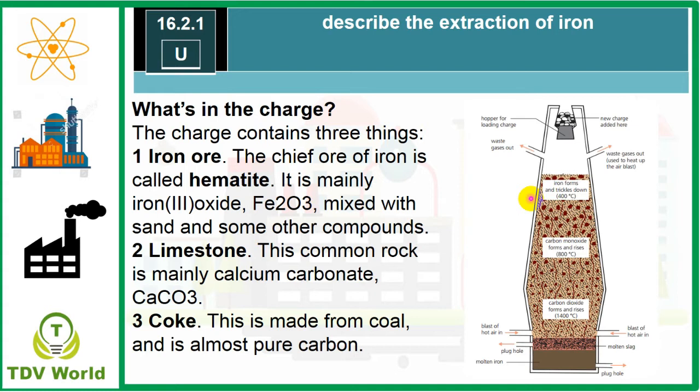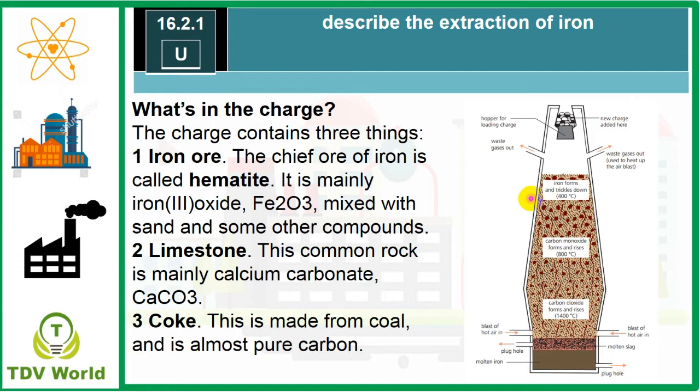So what's in the charge? Charge contains three things that I just discussed: iron ore, limestone, and the third, coke. So charge is the combination of iron ore, limestone, and coke.